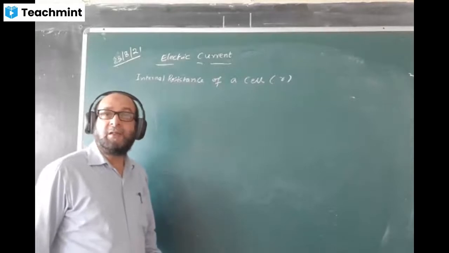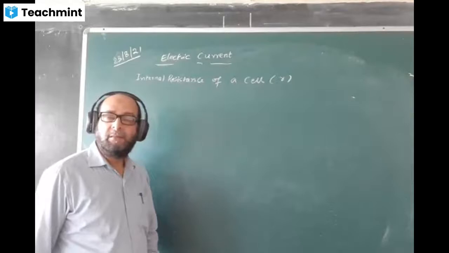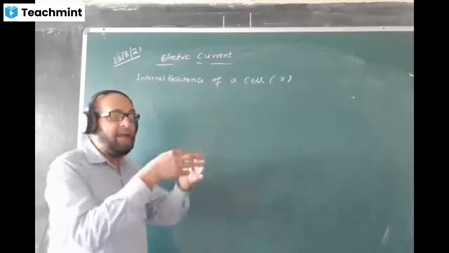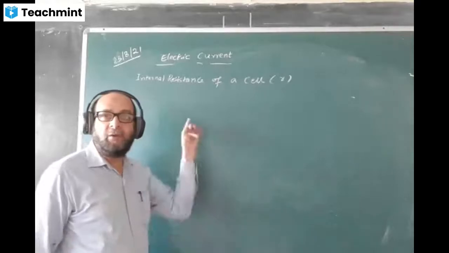It is a resistance offered by the electrolyte of a cell. In a cell, there are electrolytes, and they also oppose the flow of current. That resistance is called internal resistance.